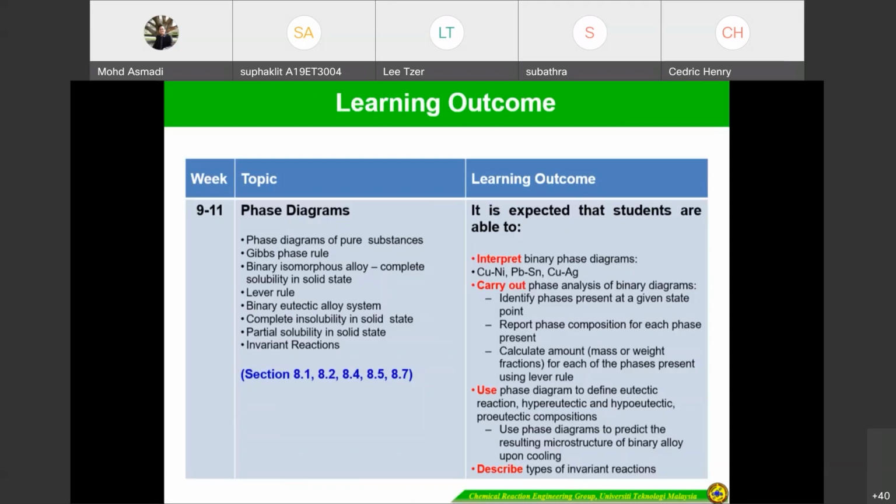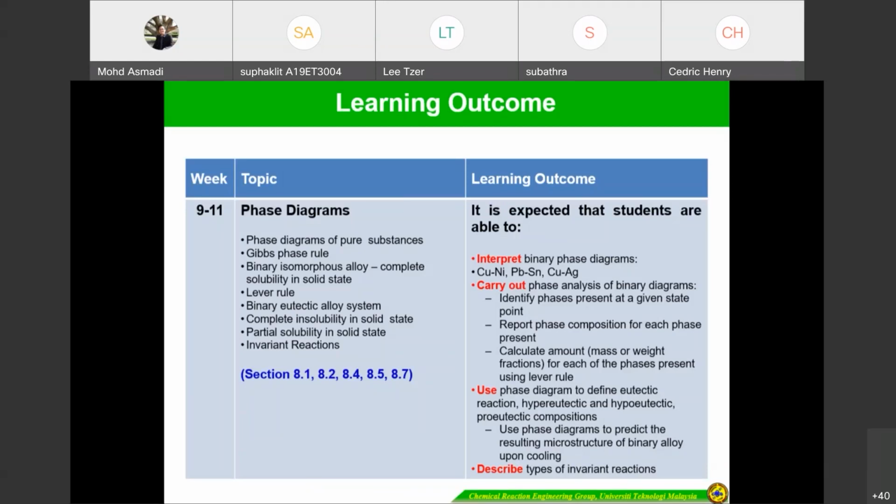The next part, which we will discuss in the next class tomorrow, is the binary eutectic alloy system. This is a non-complete solubility in solid state. Not really 100%, maybe 30%, 50%. How can we know that it is not complete solubility? It is based on the Hume-Rothery rules also, so you can refer to the previous chapter, chapter 4.